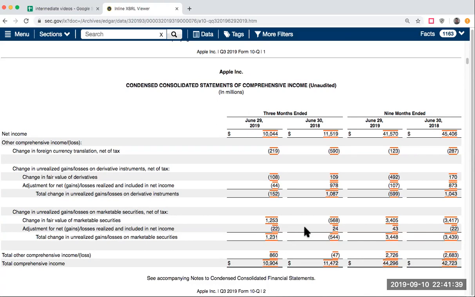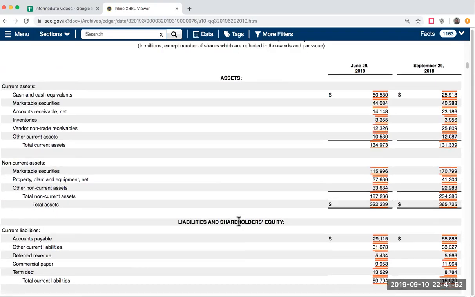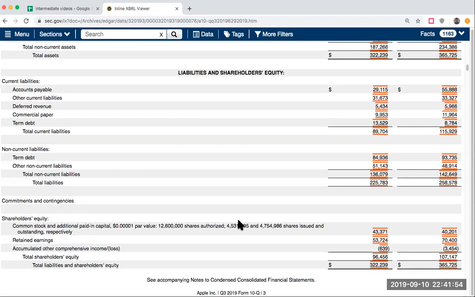So what I end up needing to do is put the other part of the transaction into an unrealized gain or loss, and it becomes a part of the comprehensive income. Ultimately, this is shown separately on our financial statements down here as accumulated other comprehensive income or loss.